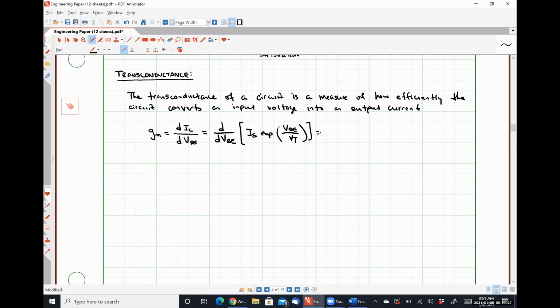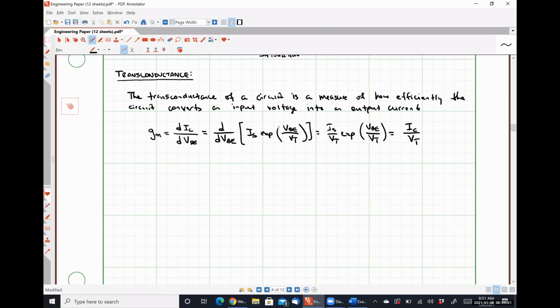And see that this is simply IS over VT times the exponential function of VBE over VT, which is then simply IC over VT.